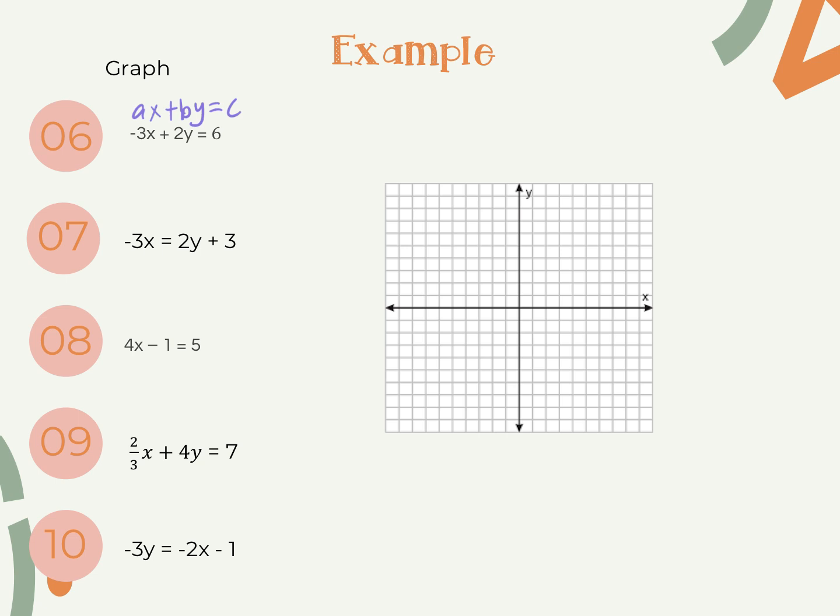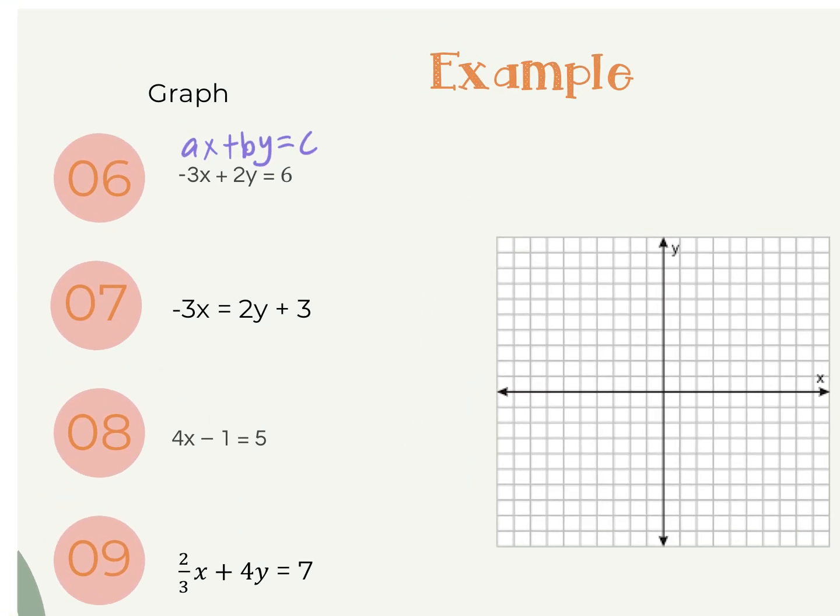Now, I had mentioned earlier that an equation written in standard form is typically best for finding the x and y intercepts. I'll show you both how to do it by finding the intercepts and by converting to slope-intercept form. To find the x-intercept, we use y equals 0.